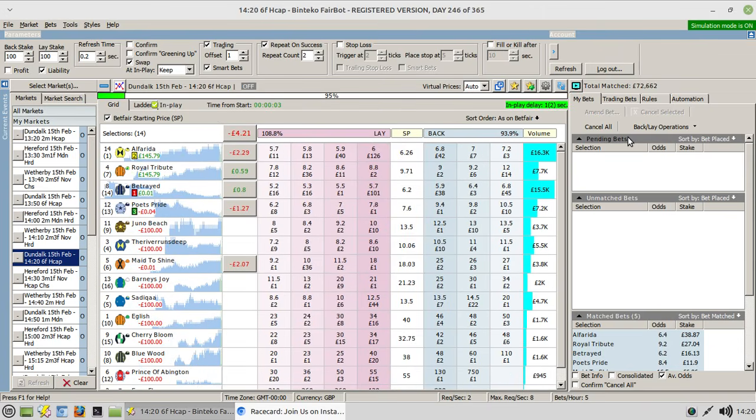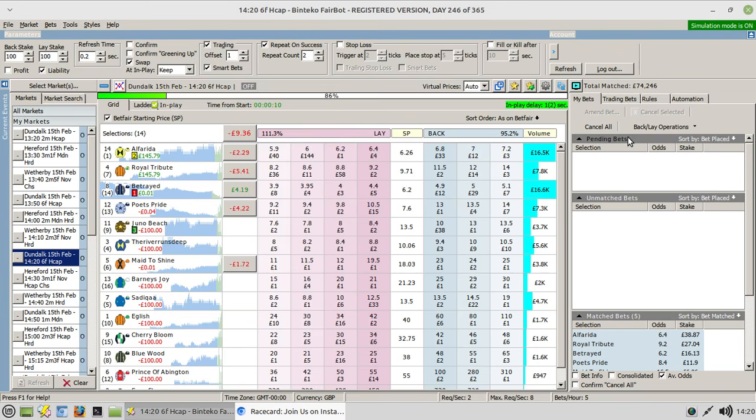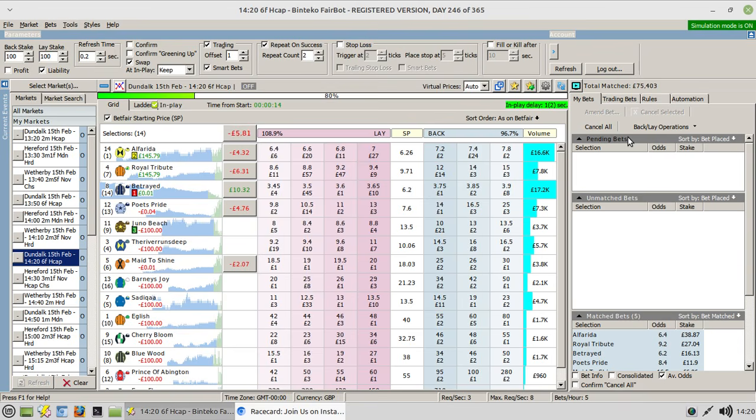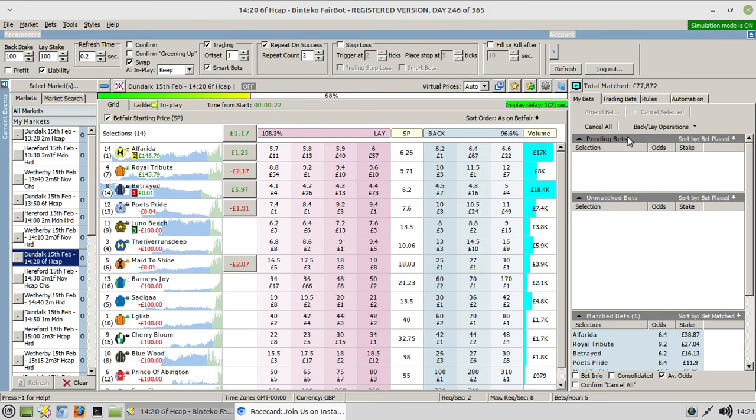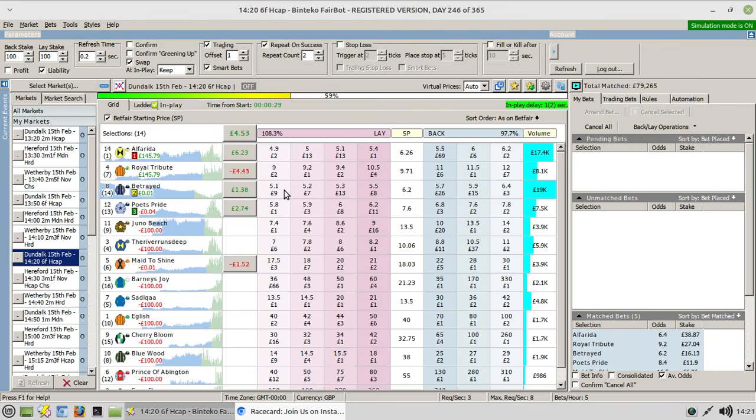Okay, we're off and running. So ideally we're looking for the first 2 in the market there to do the business, and with insurance on the other ones. But as I say, we'll just let this race run through to its conclusion, and then we'll wrap up the video. There you see Betrayed looks like it's coming in a little bit.